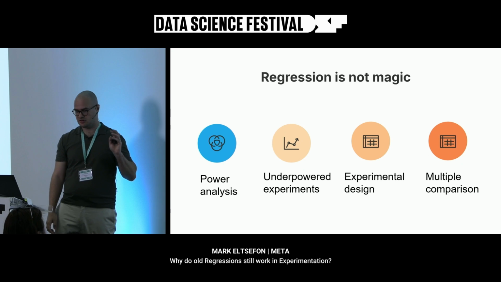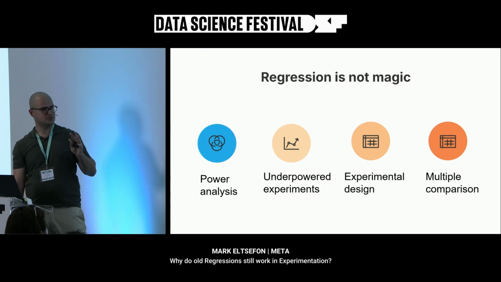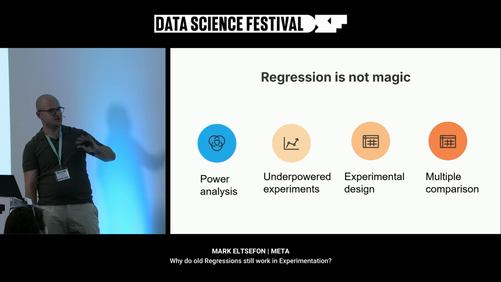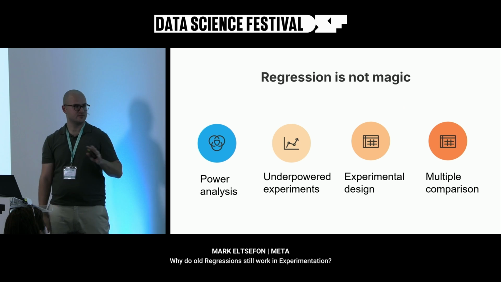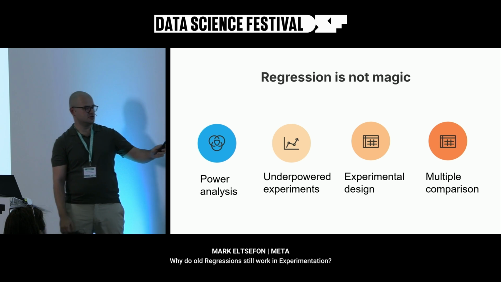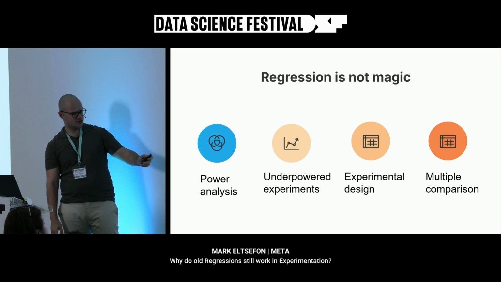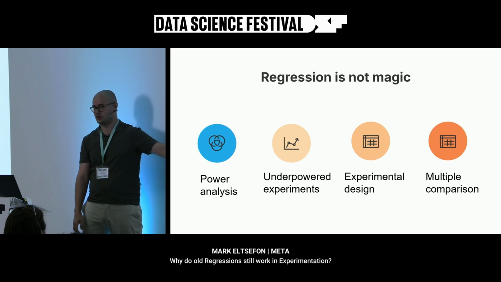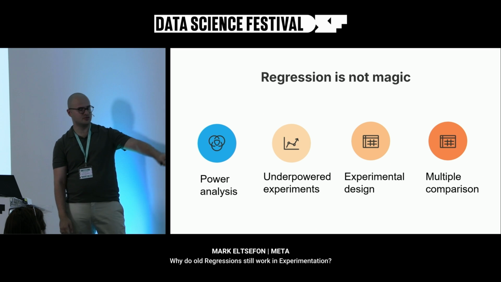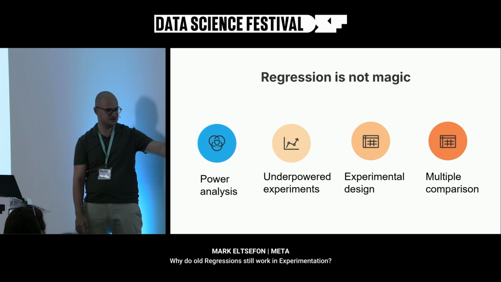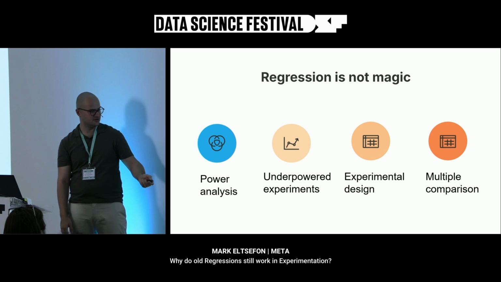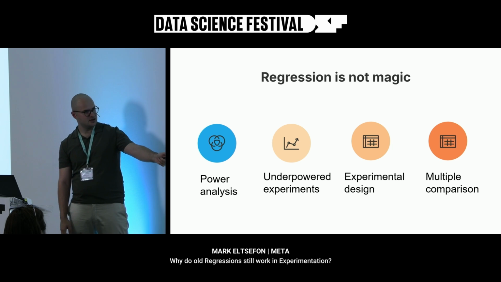I would warn you that regression is not magic, unfortunately, and it has some limitations. The first limitation is power analysis. You still should do proper power analysis. Regression won't help you to fix the duration of the test and other things.